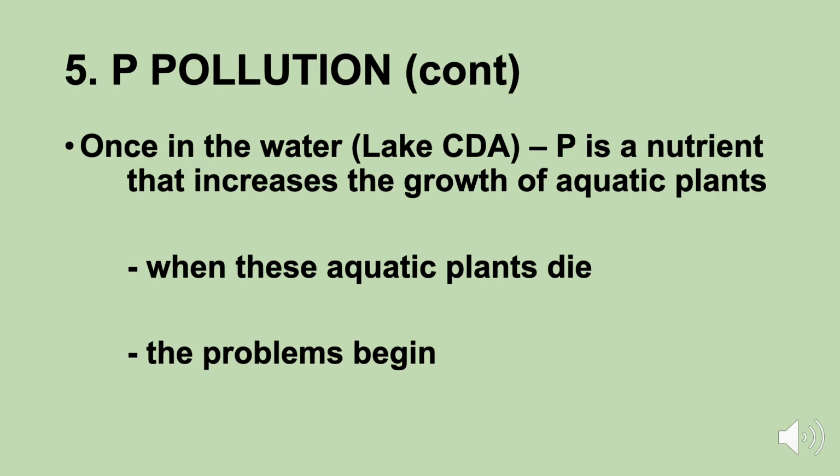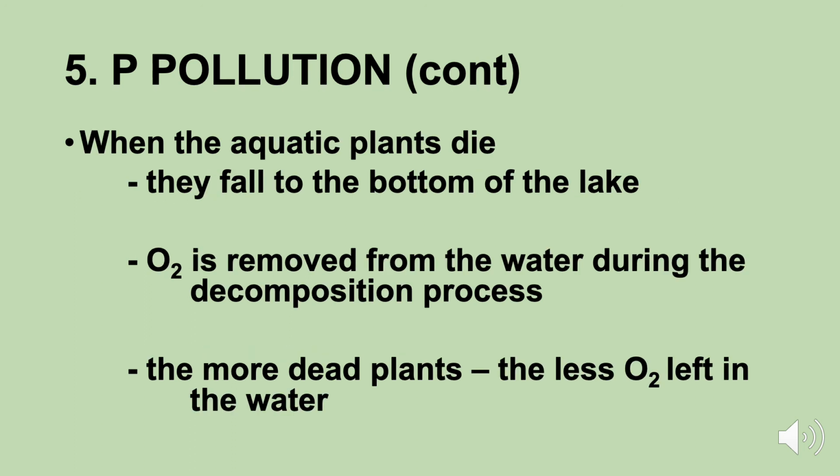Once in the water, phosphorus is a nutrient that increases growth of aquatic plants. When these aquatic plants die, that's when the problem begins. They fall to the bottom of the lake. The decomposers break down these dead plants. The decomposers suck oxygen out of the water so they can do their decomposition process.